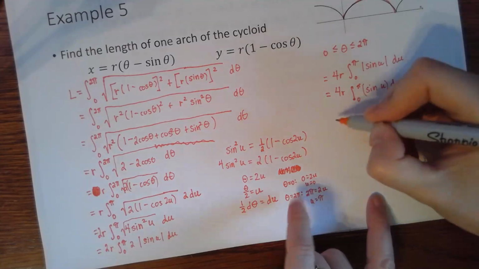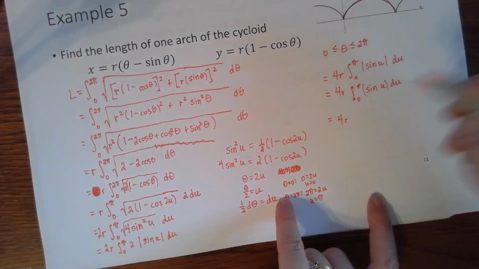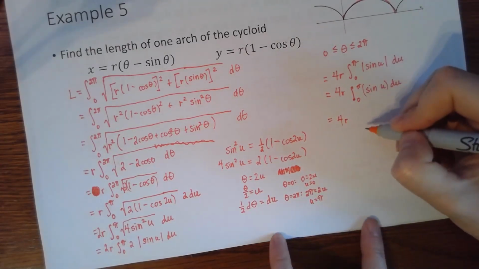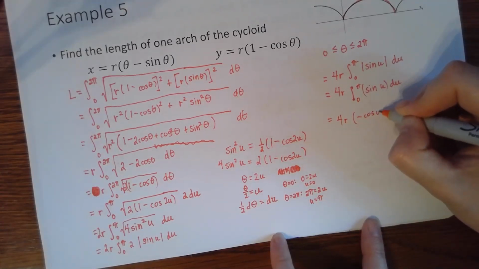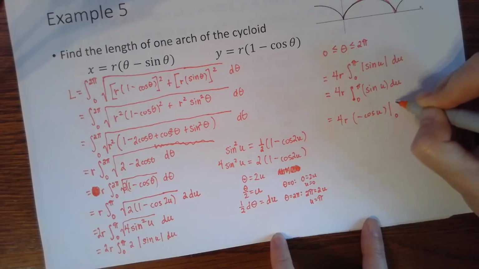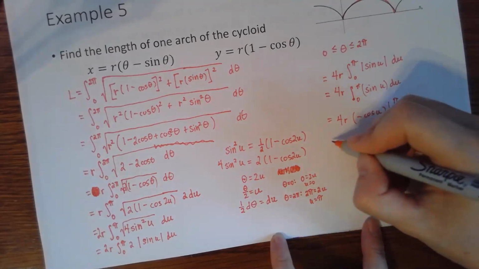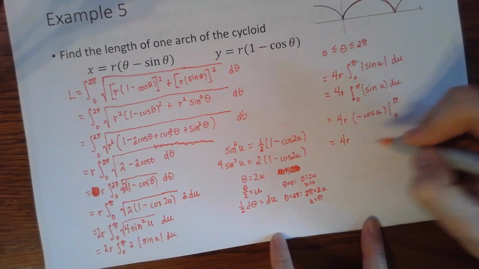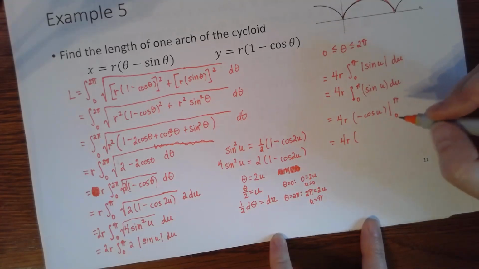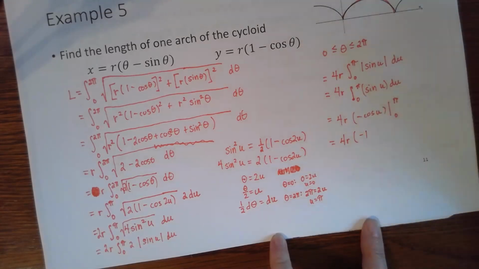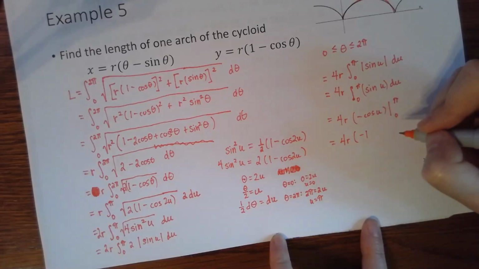And so I get 4r times negative cosine of u evaluated from 0 to pi.